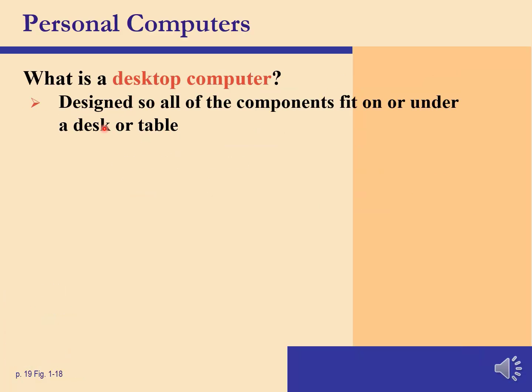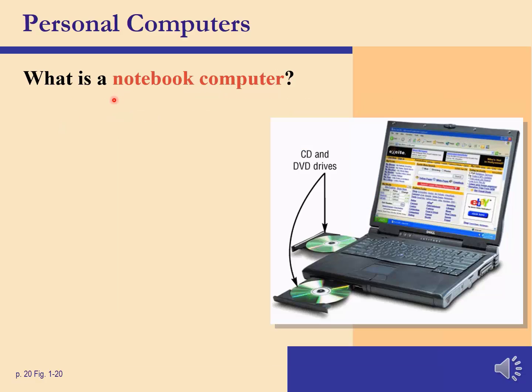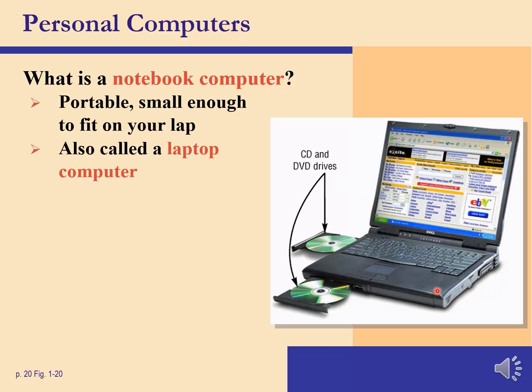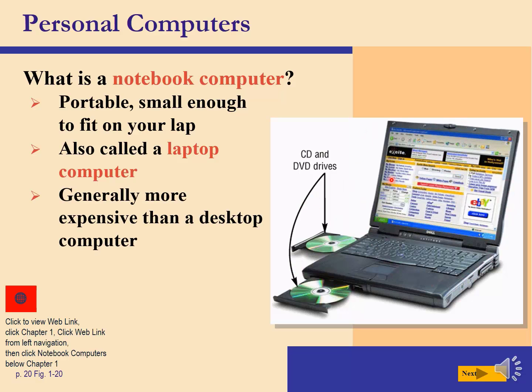What is the desktop computer? Designed so all of the components fit on or under the desk or table. It is designed in this or different types. It's a desk personal computer. What is a notebook computer? It's like this in the pictures. It's easy to carry, portable, small enough to fit in your lap.